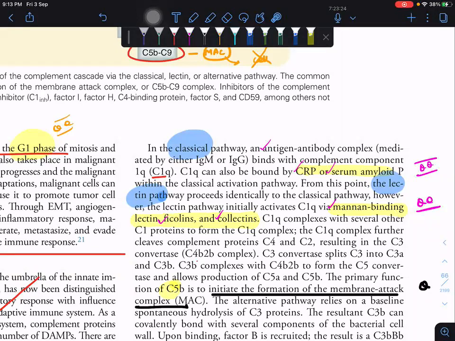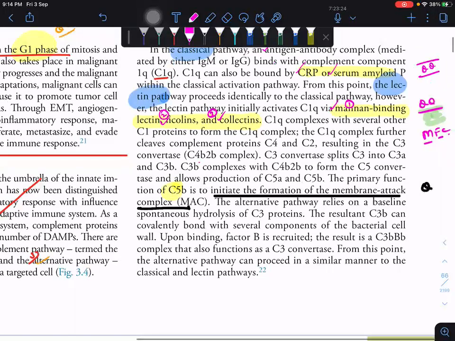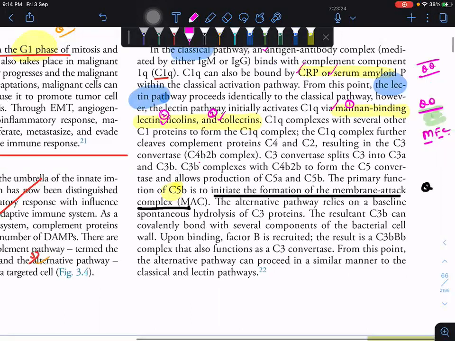In the lectin pathway, what are the three things that are important to activate in the lectin pathway? Number one is mannan binding lectins. Number two is ficolins. Number three is collectins. So MFC: mannan binding lectins, ficolins, collectins. These three are mainly responsible for the lectin pathway.